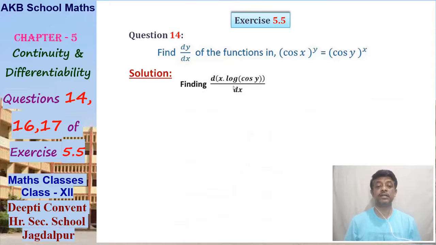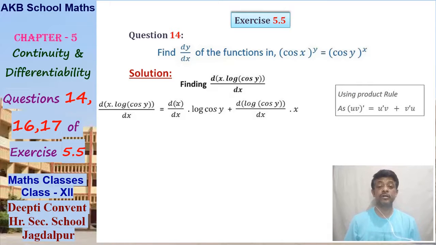Now right hand side, finding d by dx of x log cos y. In a similar fashion, first function x, second function log cos y. So using that formula also, we differentiate the right hand side: dx by dx, that is 1, times log cos y, plus dy by dx of log cos y times x.